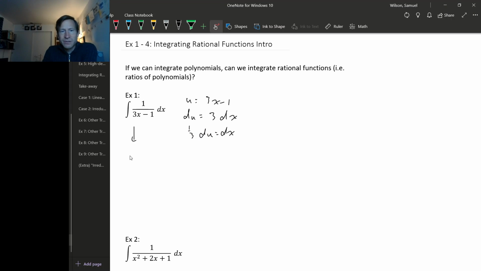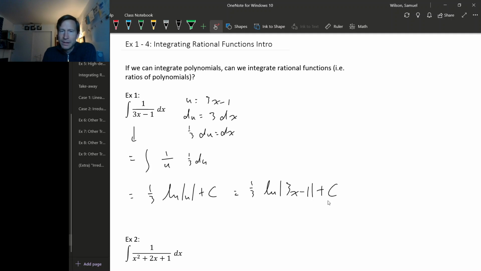And then we can do our substitution, so we get the integral of 1 over u, 1/3 du. We can move that 1/3 outside. The integral of 1 over u is natural log absolute value of u plus a constant, and then undo the substitution: 1/3 natural log absolute value 3x minus 1 plus a constant.